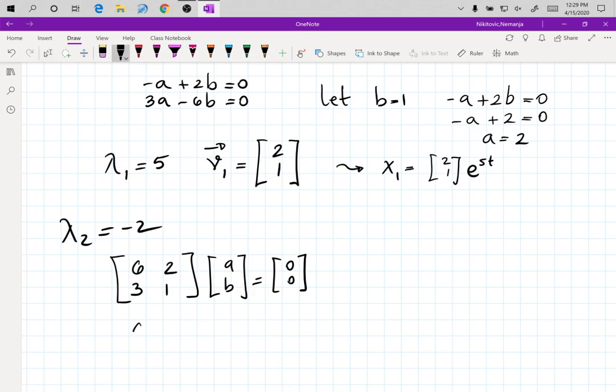It creates 6A plus 2B to be 0, and 3A plus B equals 0. Do you see that they're constant multiples of each other? They're always constant multiples of each other. So you just pick one value for one of the equations and the other one you compute from any row and you're done, right? So if I pick A equals 1, then B is negative 3.